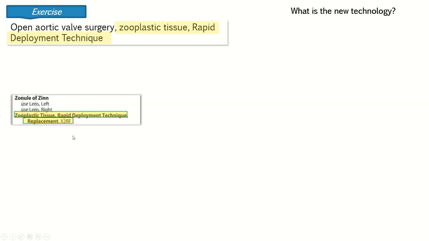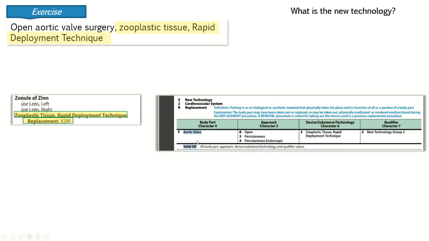takes you to the table. X2RF, let's go. X2R, this is new technology, cardiovascular system replacement. Definition is putting in or on biological or synthetic material that physically takes over or takes the place and or function of all or a portion of a body part.